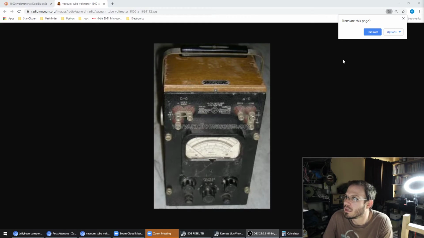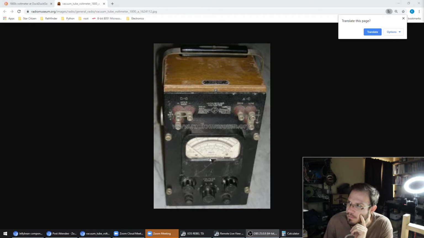Back in the early 1900s, the best you could get was just a voltmeter. Or actually an ammeter, because this analog needle was driven by a little electromagnet, and as you put more current through it, the needle would move. And so you would measure current and hence infer voltage using this property. And this is all you had back then.